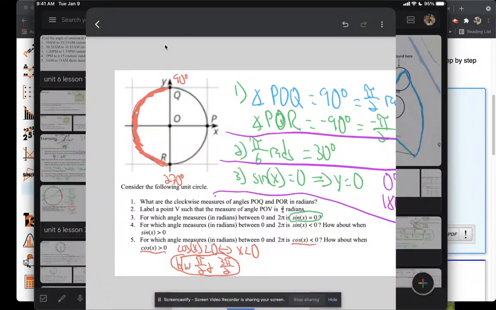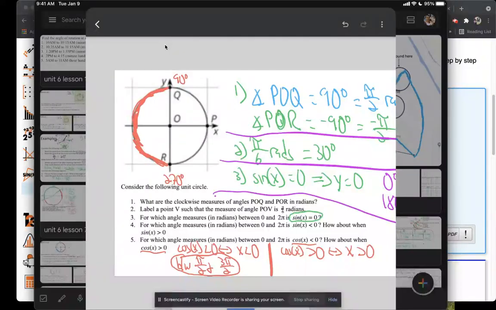Okay. So for the second half of the question, where cosine of x is greater than 0, it means we want x to be greater than 0.